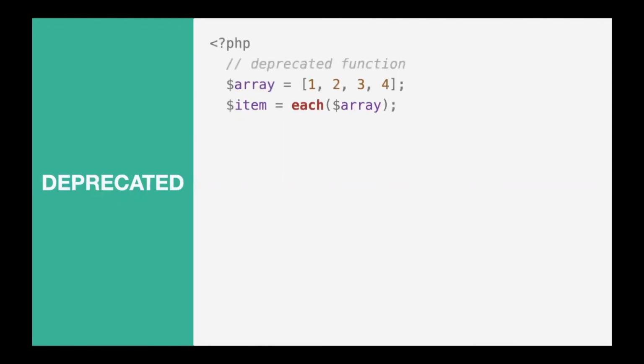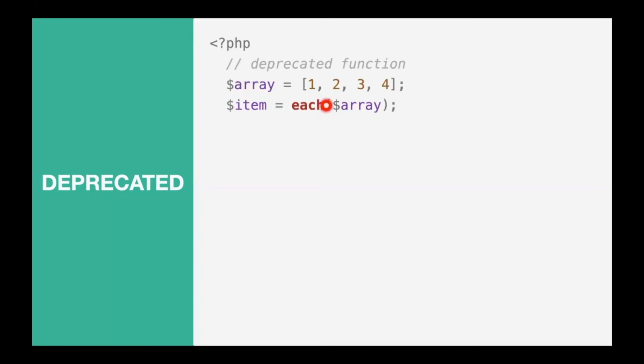Okay, and the last one is deprecated. With deprecated, it's typically that we're using a function that was in an older version of PHP, but that will be removed from PHP in the future. An example of that is the each function. This is an older function inside of PHP, which has been marked deprecated and will be removed in future versions of PHP.